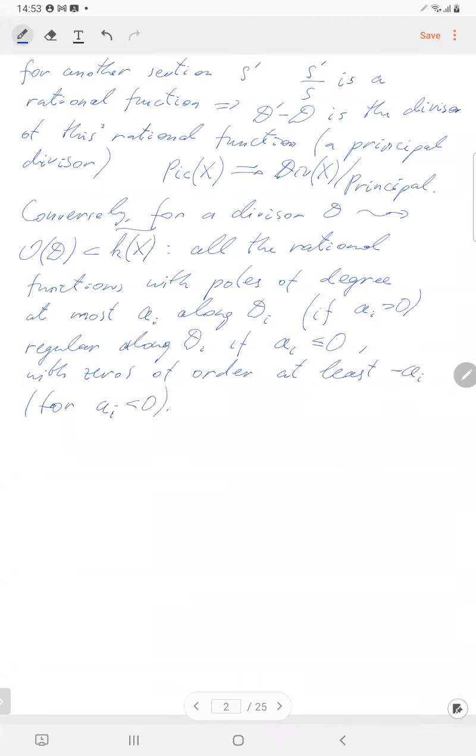Okay, so this is the definition of O of D. There's some sheaf of ideals, and this will be an invertible sheaf of ideals.